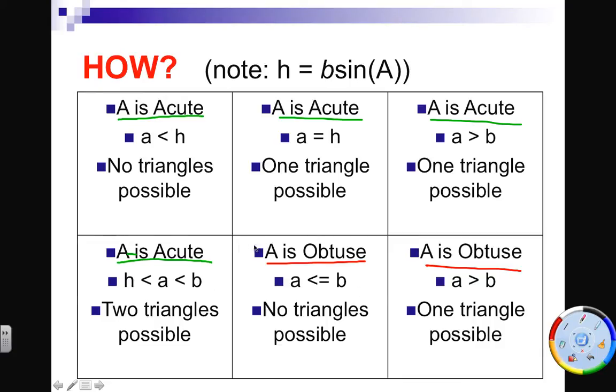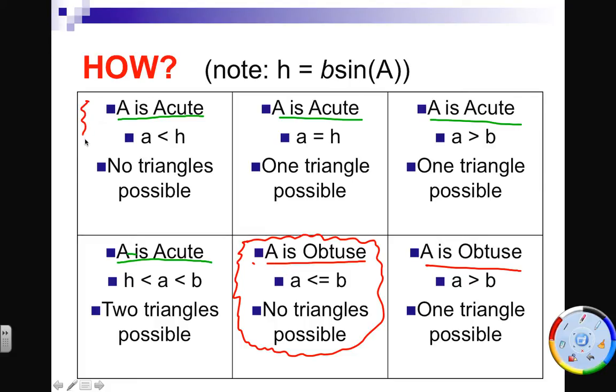Now, everybody likes this one. If A is an obtuse angle, and the side opposite angle A is less than or equal to the other given side, then no triangles exist.